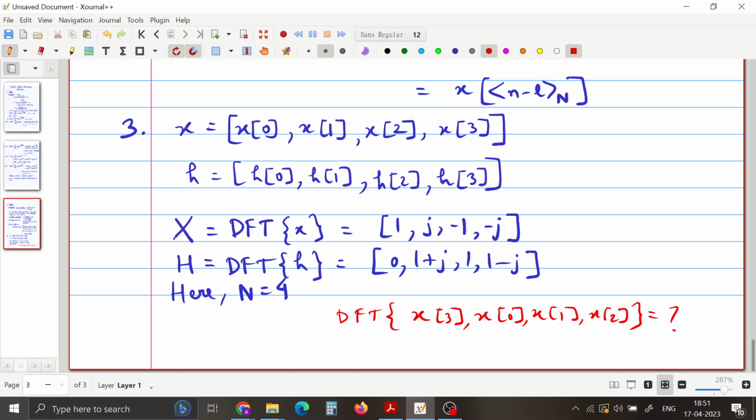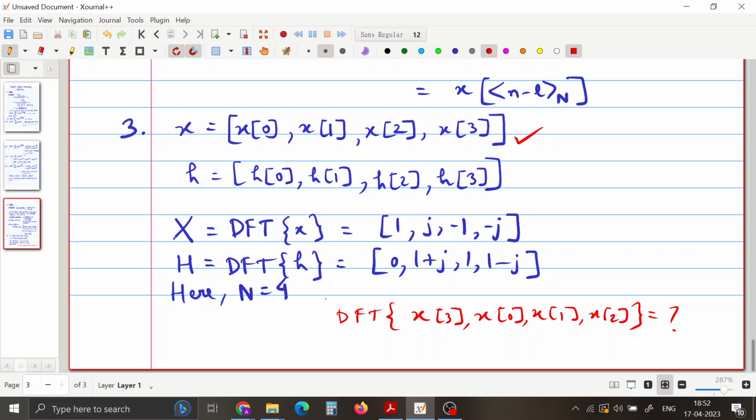Now you already know the DFT of this small x, this original sequence here. Okay, I am showing a tick mark beside it. So the DFT of x of 0, x of 1, x of 2, x of 3, that you know, that is capital X and its coefficients are known to you: 1, j, minus 1, minus j.